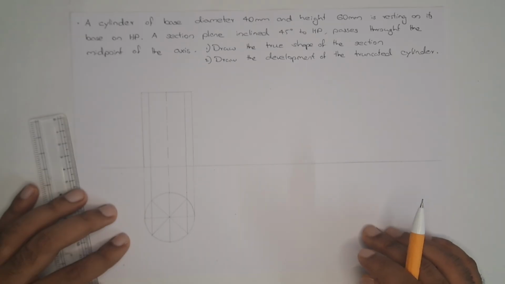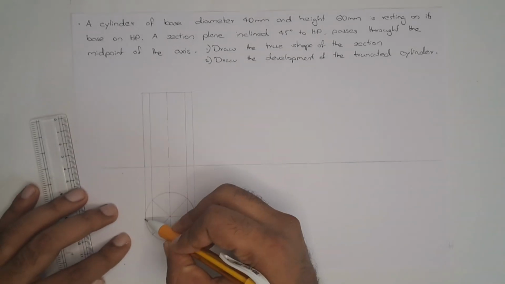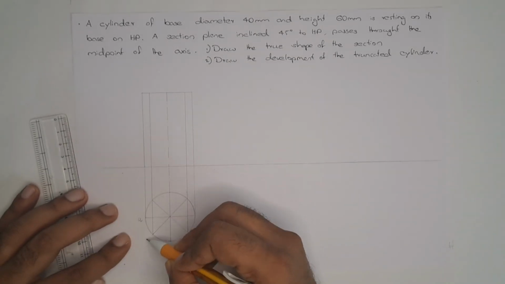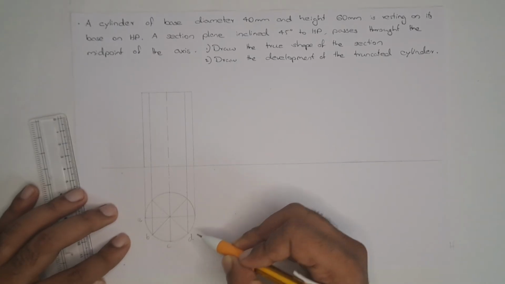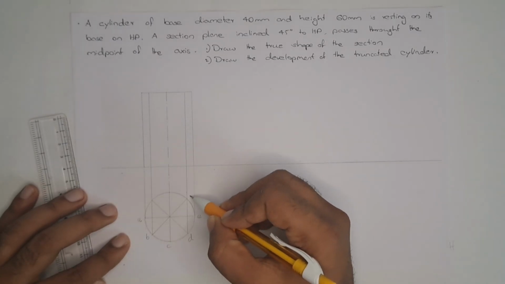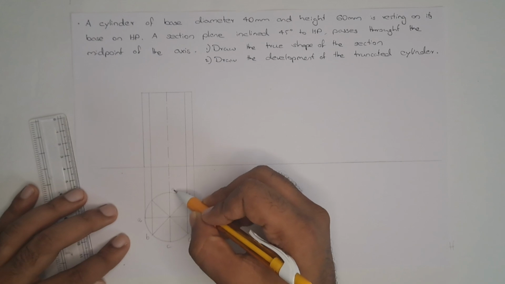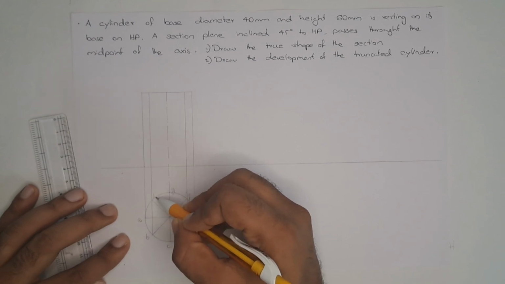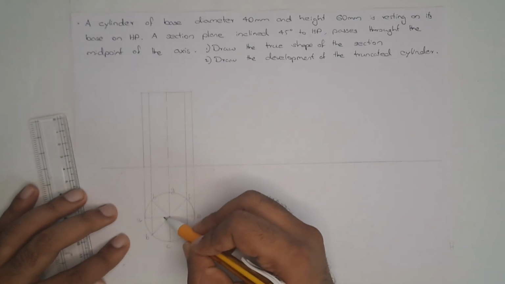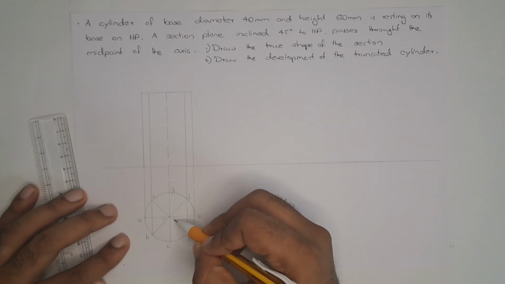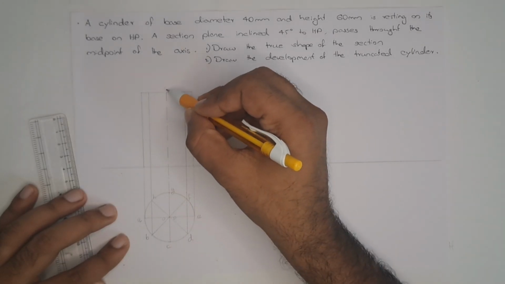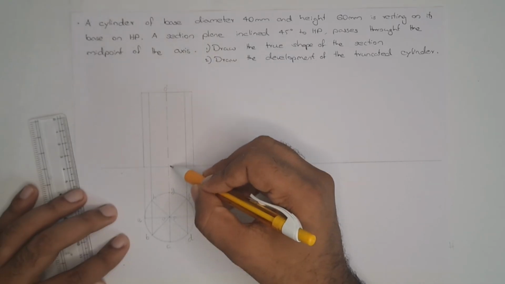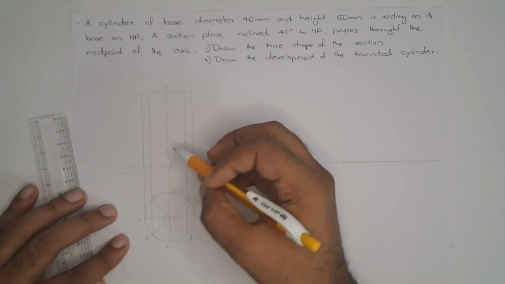Now we need to name. Here it will be A, B, C, D, E, F, G, H. On the top it is O and P. So here it is O dash and here it is P dash.